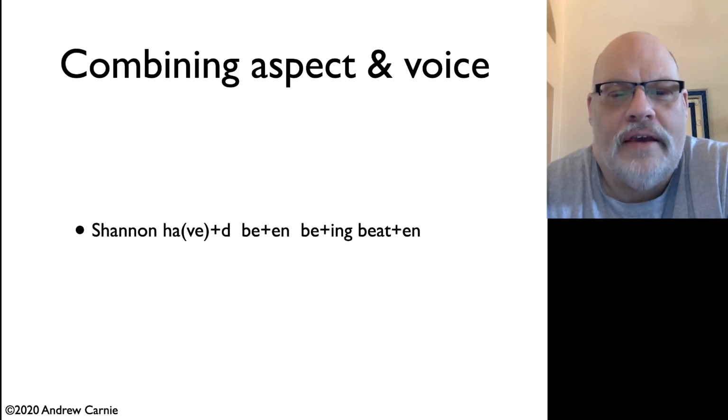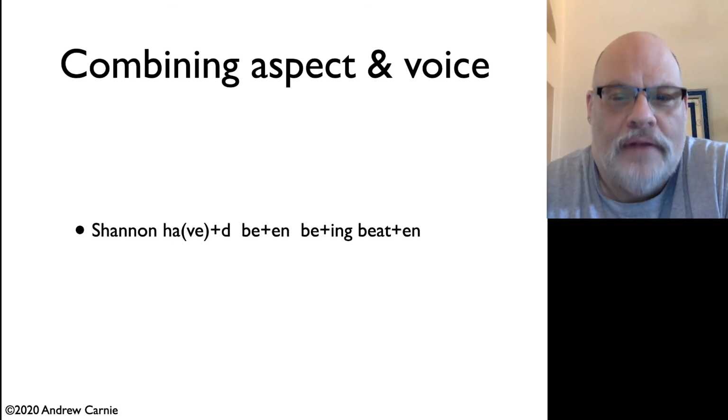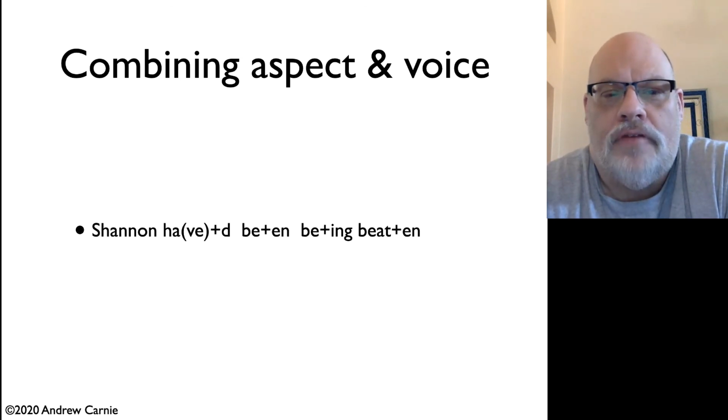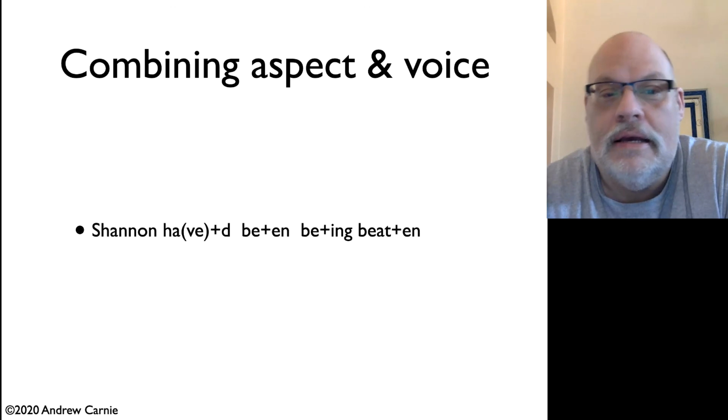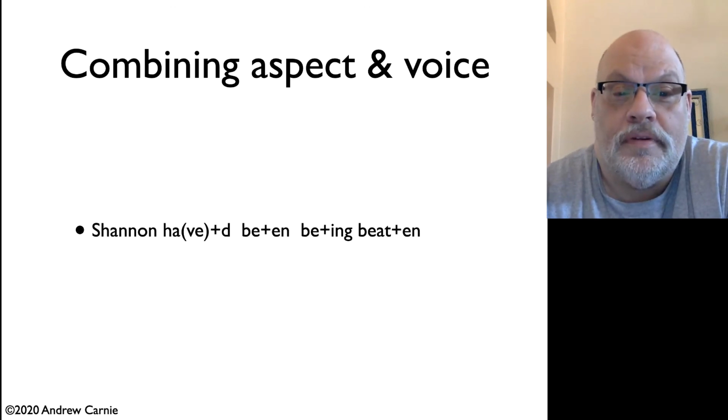So let's take the sentence, Shannon had been being beaten. I'm sorry for the violence of the sentence, but I needed one that was easily passivized. So poor Shannon. But what we have here is a passive. We know it's a passive because the object of the verb to beat is in the subject position, Shannon.